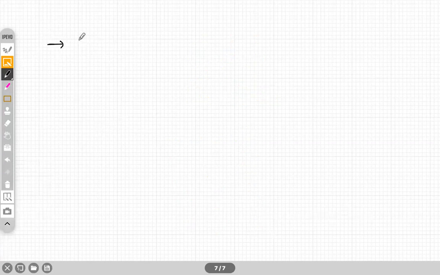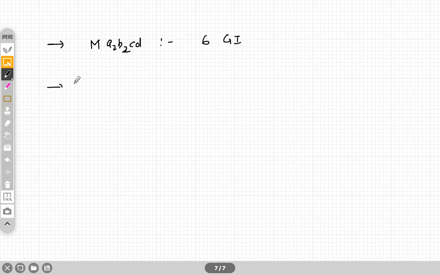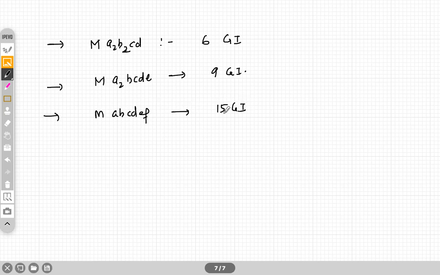Like we have MA2B2CD type, and in this we have 6 GI possible. MA2BCDE type, in this we have 9 GI possible. And last one we have MABCDEF type. In this we have 15 GI possible.